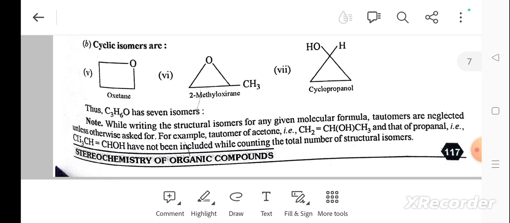Note: while writing the structural isomers for any given molecular formula, tautomerism is neglected unless otherwise asked for. For example, tautomerism for acetone and propenol has not been included while counting the total number of structural isomers.